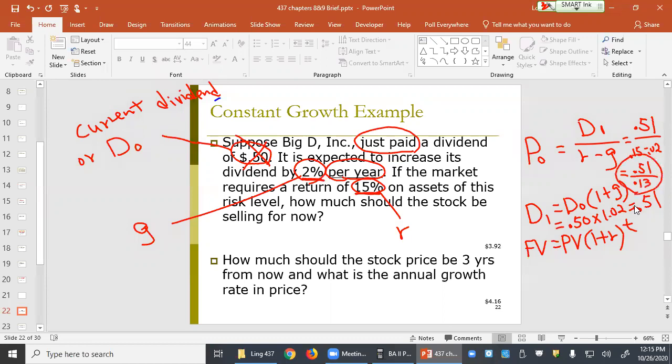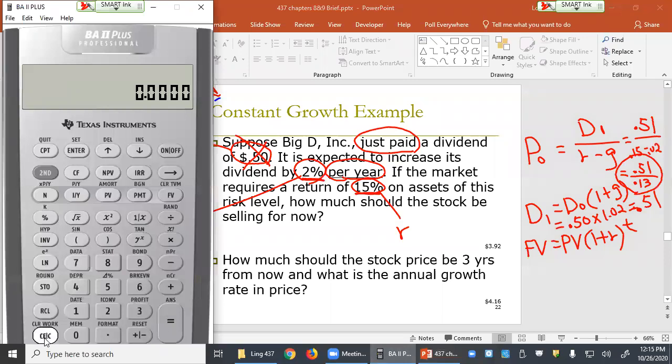Let's plug the numbers into the calculator and see what we get. So our P0 is $3.92. And by the way, there are no function keys that you can use to solve for the P0 when you have a constant growth scenario. You have to use this equation. It's not a difficult equation.